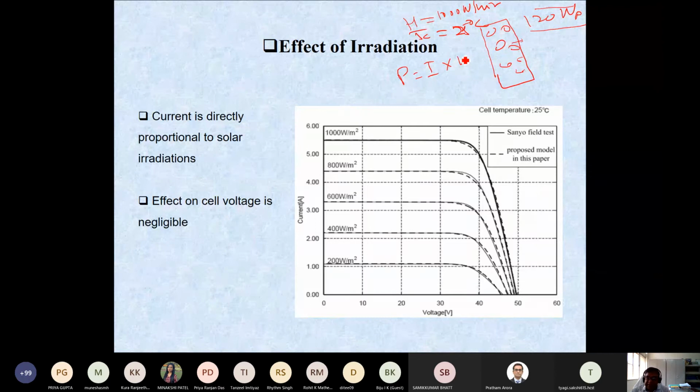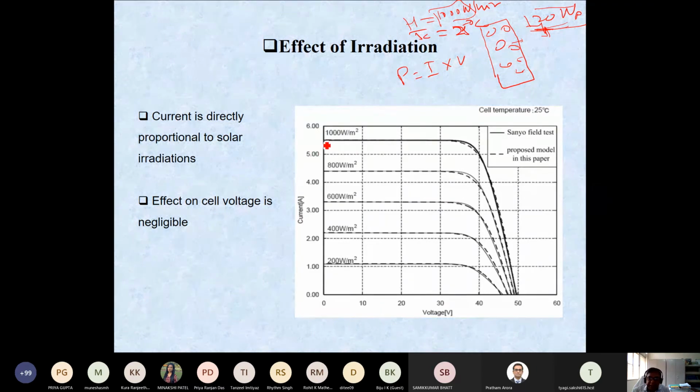So in that case, what happens if you buy this 120 watt peak module, and you don't have the 1000 watt per meter square solar radiation? How much will it deliver under the actual conditions of different solar radiation? It is found that it is directly proportional.